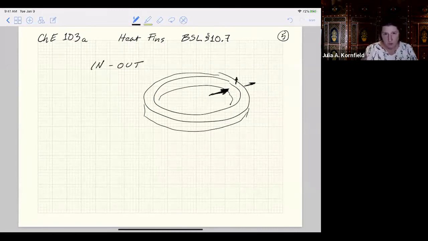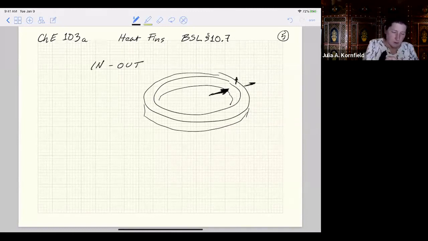And the combination of those two things makes it so there's very little gradient. So instead, it's taken as kind of a negative generation term, consumption term, where the energy is leaving out through the surfaces, and that is simply taken as energy disappearing from this solid ring.